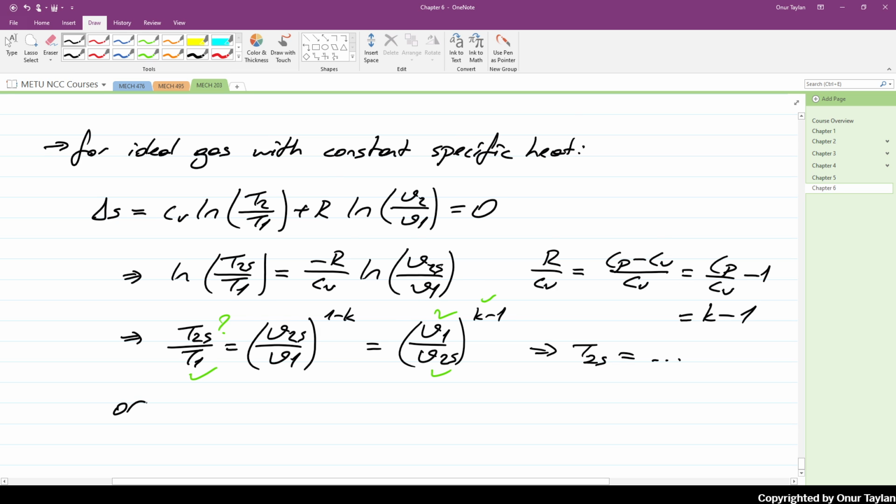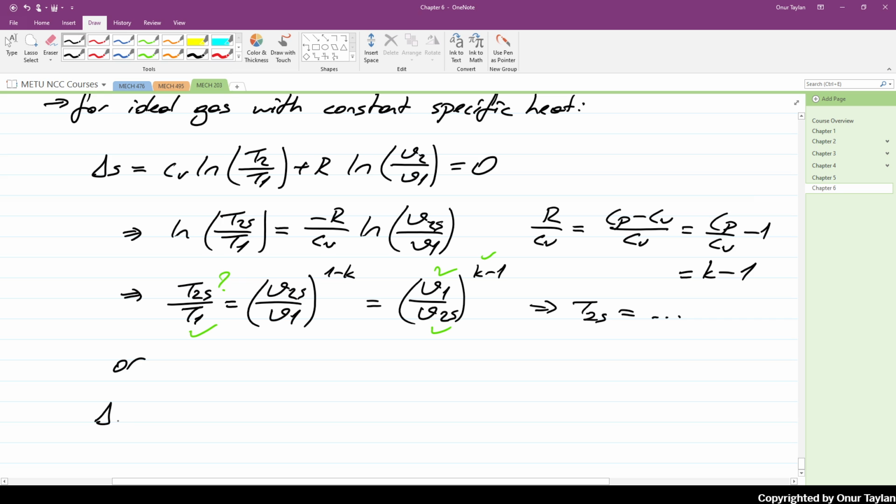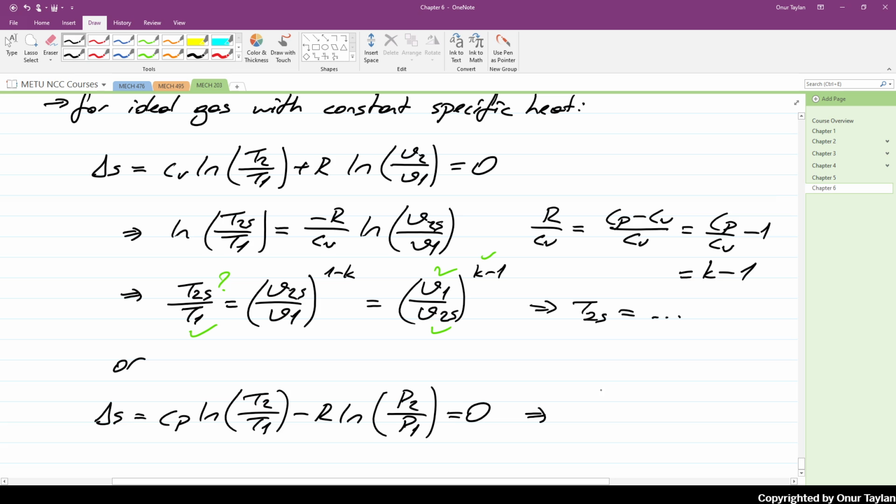Or from the other delta s relation, which was Cp ln T2 over T1 minus R ln P2 over P1. If you work it around, with delta s equal to 0, you will find T2s over T1 is equal to P2 over P1 to the power k minus 1 over k.